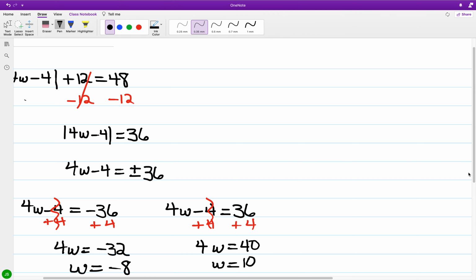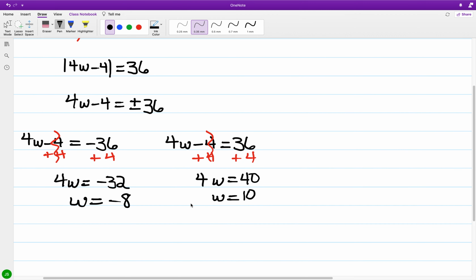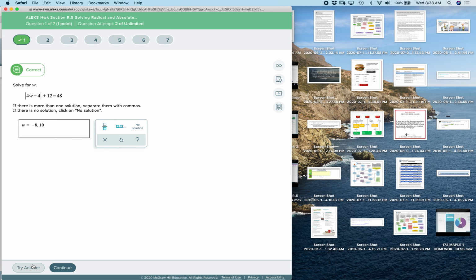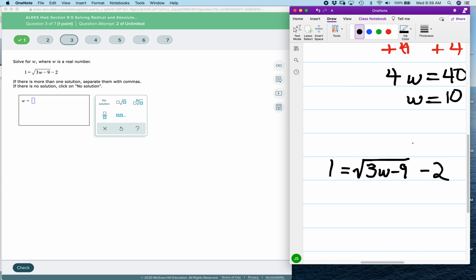So we have two values for w, negative 8 and positive 10. Taking them back to the original equation and checking, the result is correct.